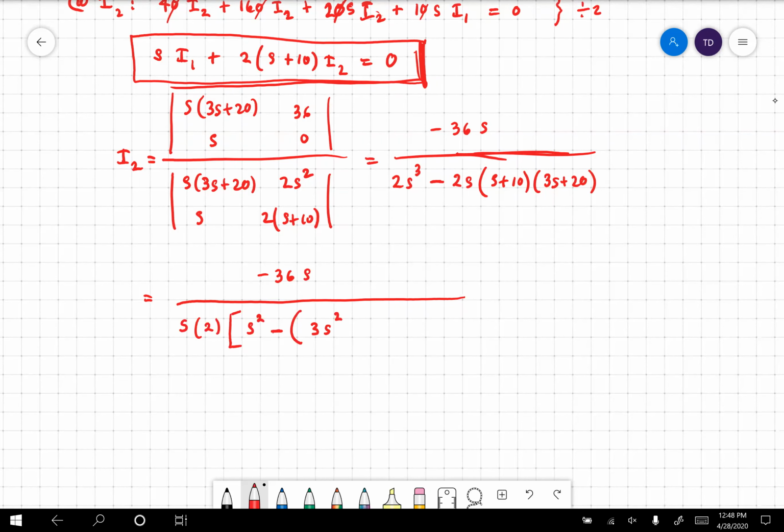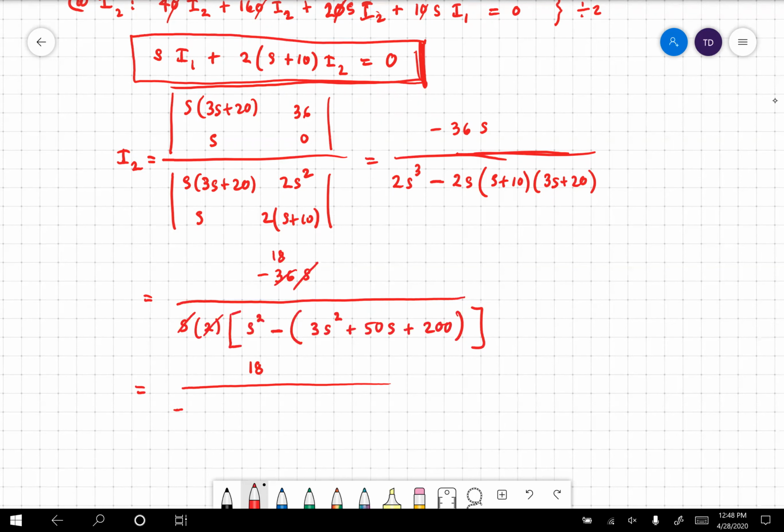And then I have 20s plus 30s plus 50s plus 200. Okay, cancel, cancel. 18 equals 18 divided by s squared minus 3s squared.